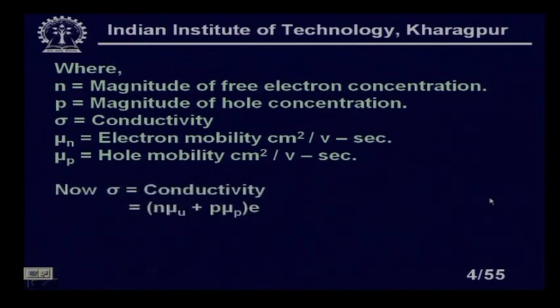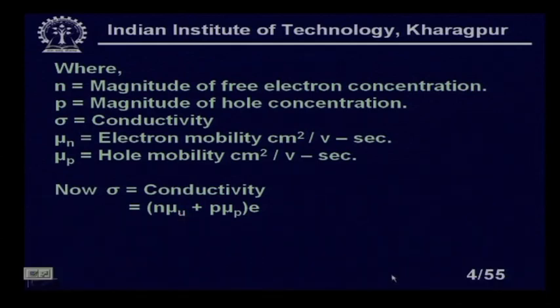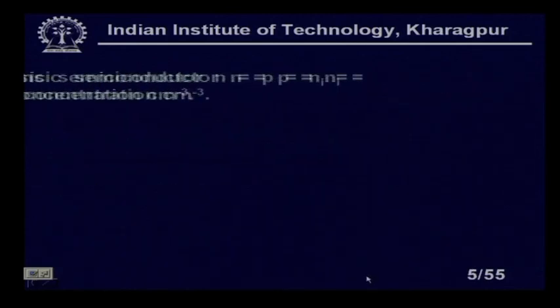Now, the conductivity sigma will be given by (n mu n plus p mu p) multiplied by e, where e is the electronic charge and E is the electric field.